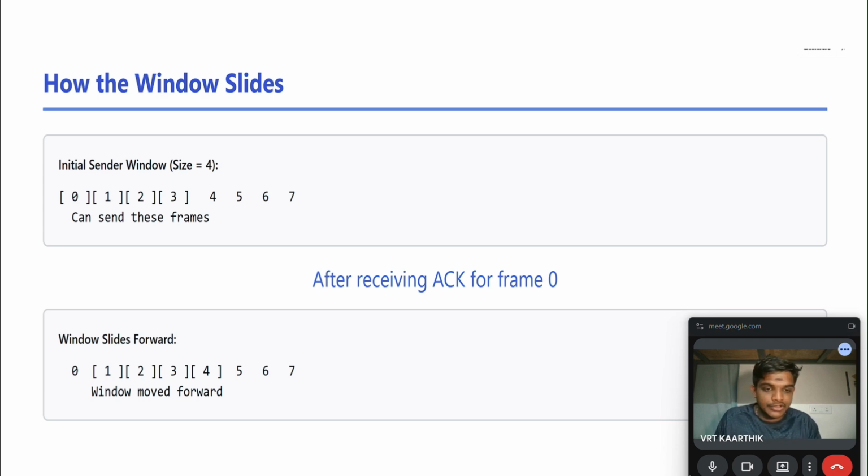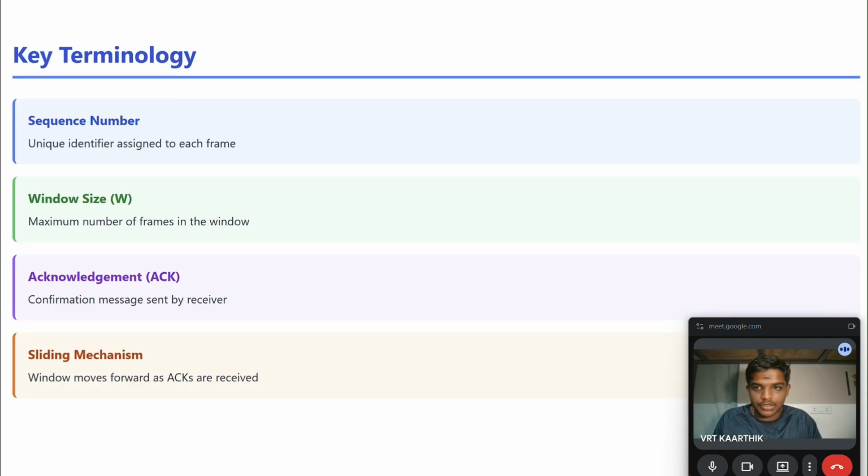After receiving an acknowledgement for frame 0, the window moves forward, so 1, 2, 3, 4 will be sent. After receiving an acknowledgement for frame 1, it will be 2, 3, 4, 5. This is how the sliding window protocol works: after each acknowledgement, the window moves.